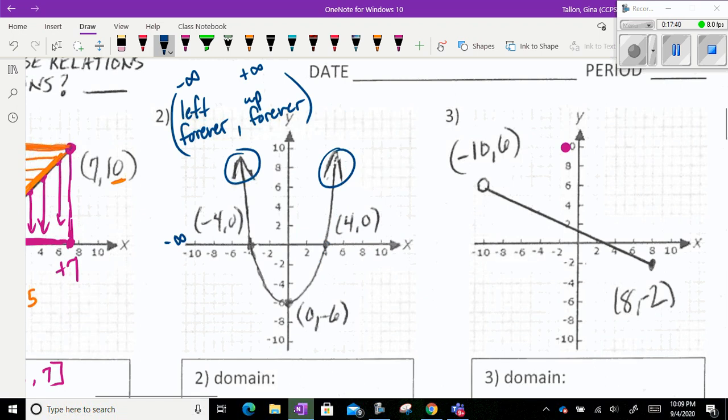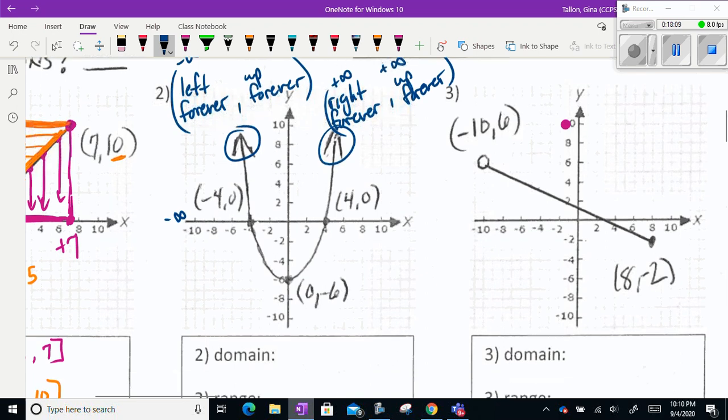So this really means right forever and also up forever. So when I'm talking domain, right forever would be positive infinity, and when I'm talking range, up forever would be positive infinity. So we're playing around with both the infinities here, left for the negative. Alrighty, this graph does not go down forever at all.